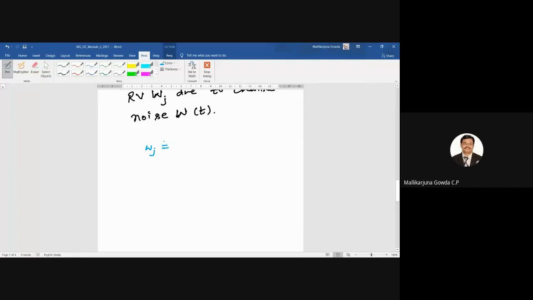Whatever I wrote there, I am rewriting: integral 0 to T W of t phi j of t into dt is my Wj. Let me call this equation 4. I hope a few things are fine as of whatever I have discussed so far.